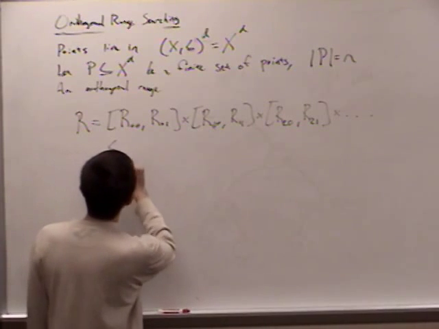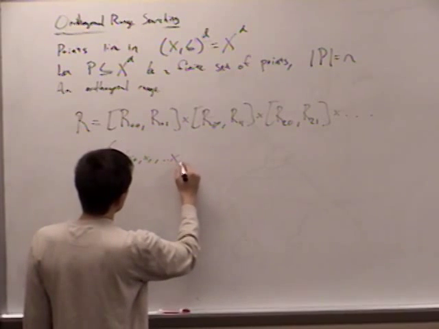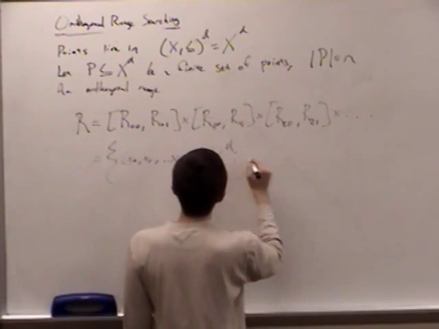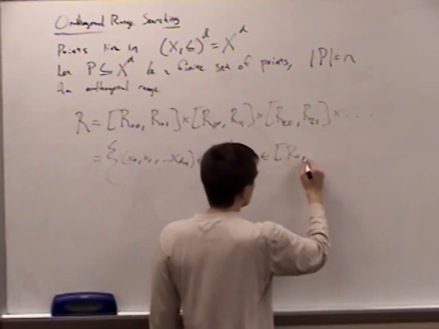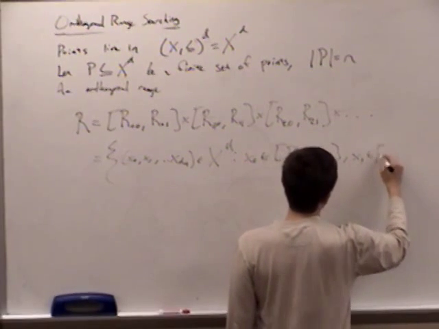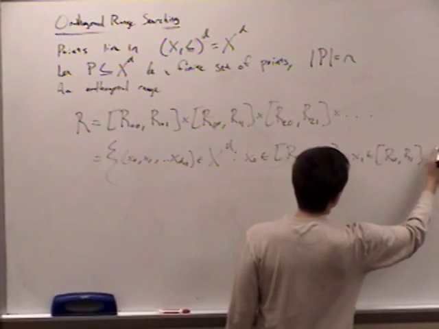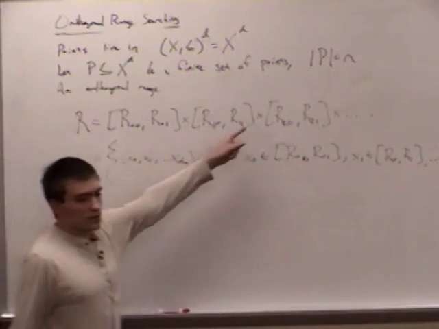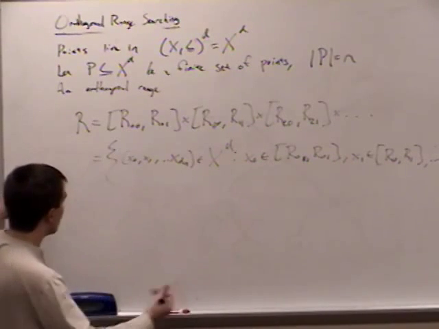So this will be the set of all (x0, x1, ..., x_{d-1}) contained in X^d, where x0 is in [r0,0, r0,1], x1 is in [r1,0, r1,1], etc. So this is just the Cartesian product of a bunch of intervals. We take these 1D ranges, smash them all together, and form this box.